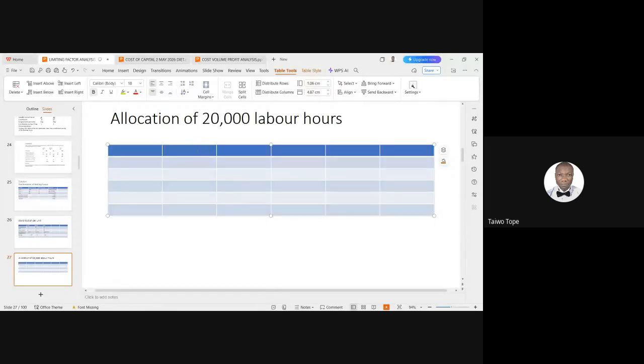The total hours we have is 20,000 hours.